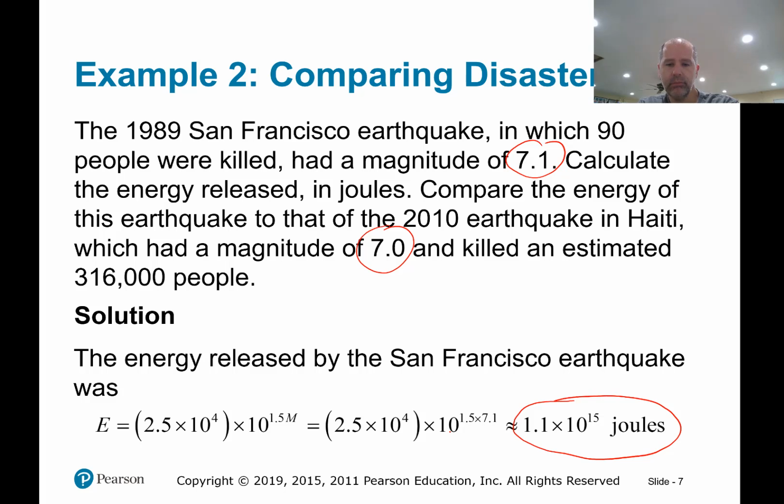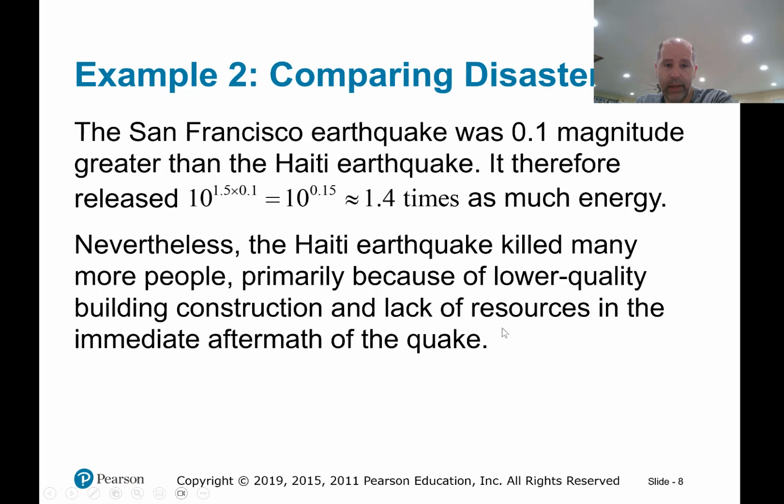Now, if we compare that with the Haiti earthquake, which was a magnitude less, or excuse me, 0.1 of a magnitude less, so it wasn't as strong as the 7.1. If we look at the 0.1 difference, the amount of energy is 1.4 times as much energy.